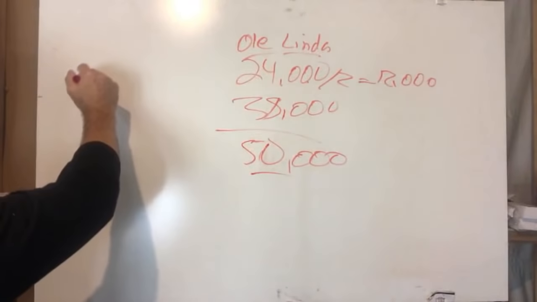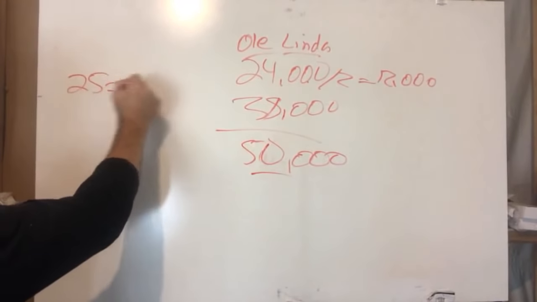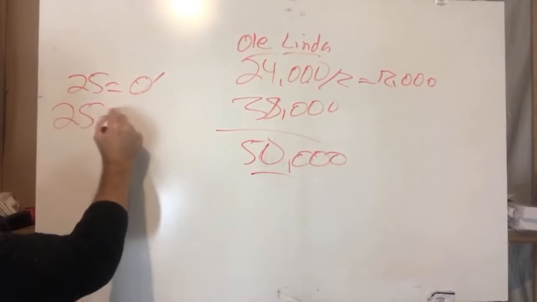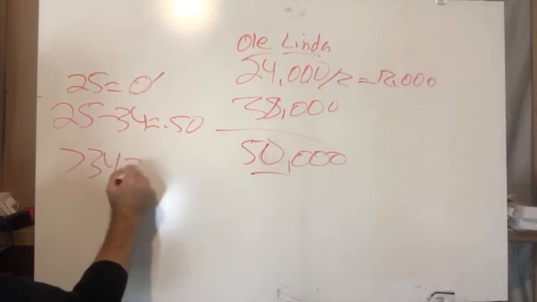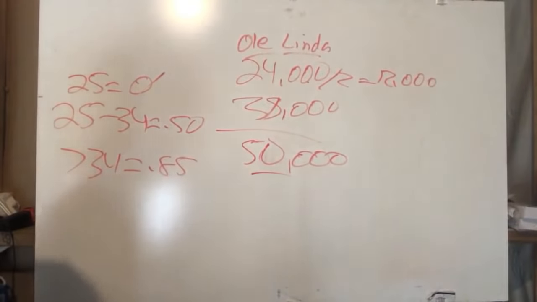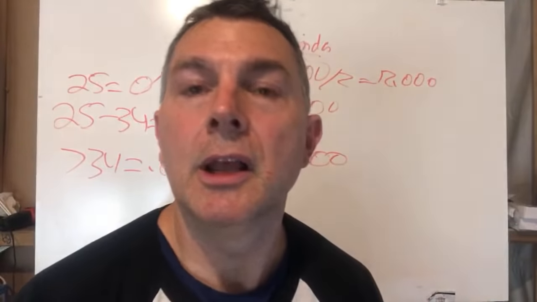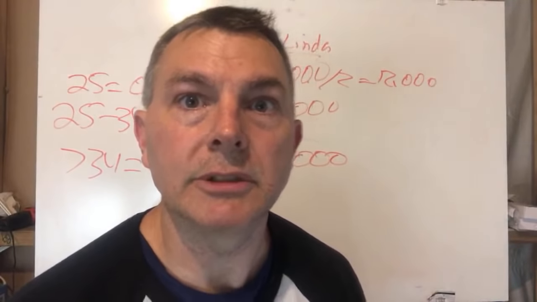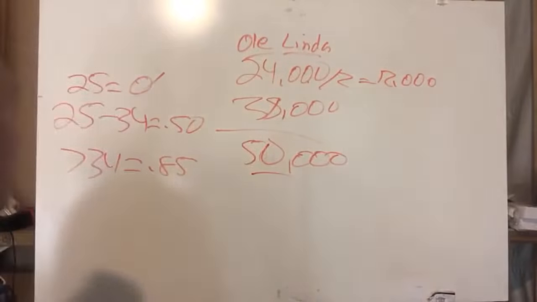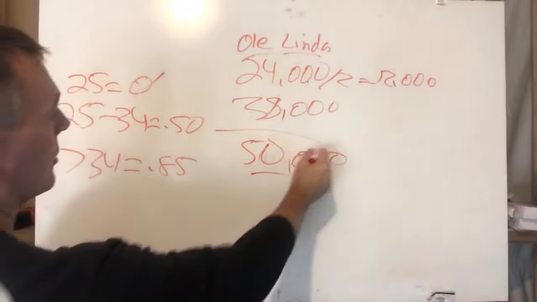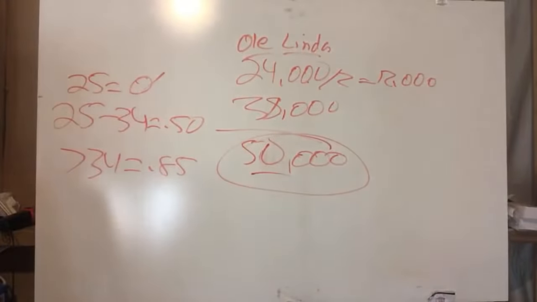So we go to the first $25,000 at 0, then 25 to 34, and then anything over 34. That's how we figure out how much of your Social Security is subject to taxation. There's a two-step process here. Linda, your provisional income is $50,000.